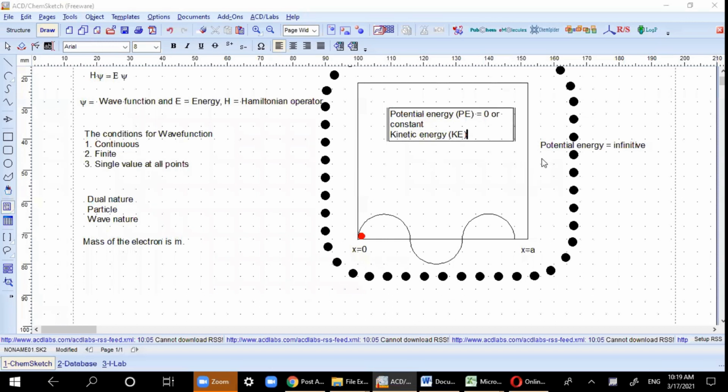Let us assume this one-dimensional box is an s orbital. That means the probability of finding the electron inside this box is maximum. Outside the box, the probability of finding the electron will be 0. That means we have two solutions: inside the box one solution, and outside the box one solution.